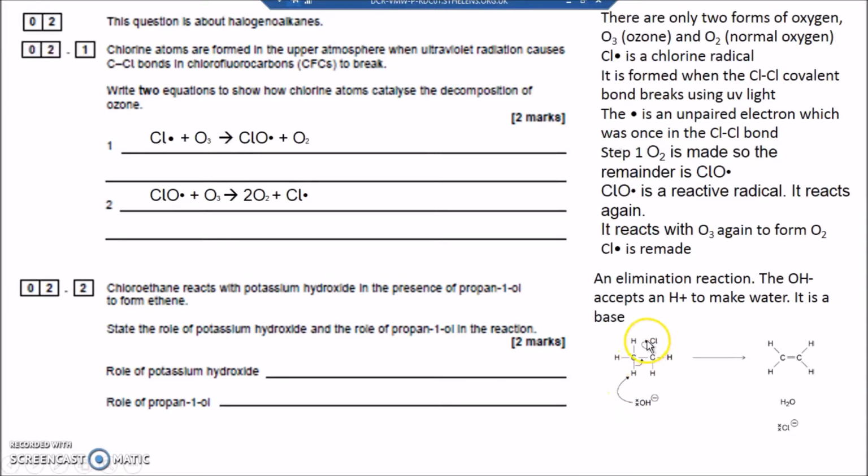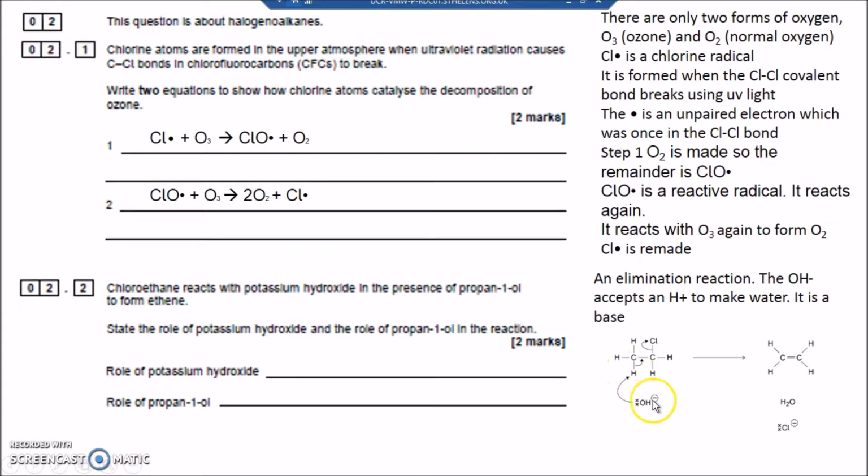It's a 3-arrow mechanism where the OH- uses its lone pair to attack an H on the C next to the C of the Cl. So if you find the Cl and trace it back, the Cl is joined to that C, which is joined to a neighbouring C, and it's one of these H's on the neighbouring C of the CCl that gets attacked.